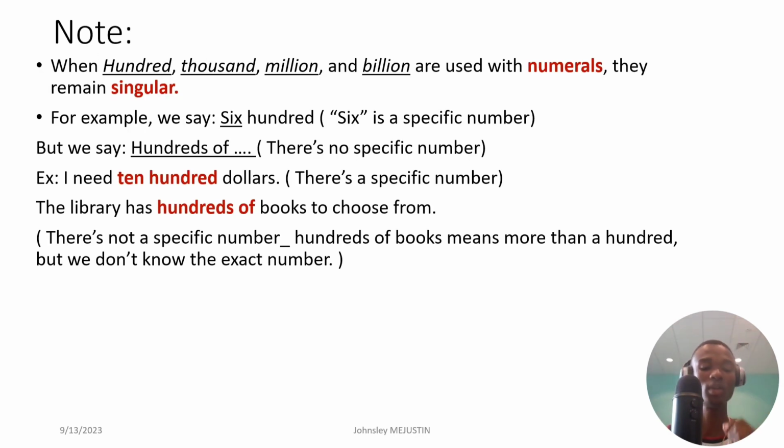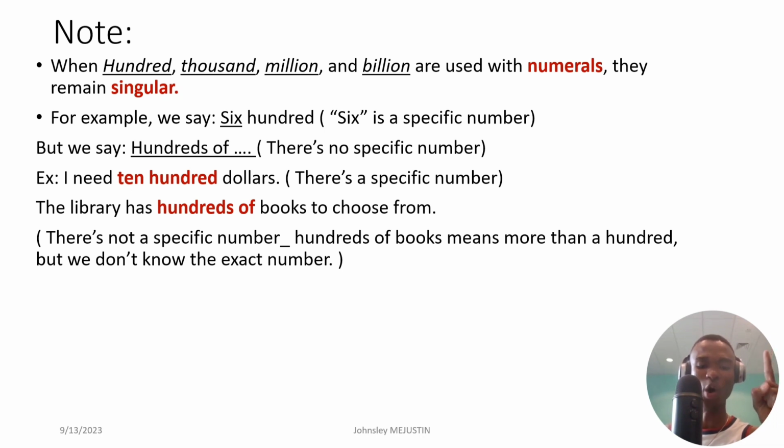Listen to this. Whenever you see 100, 1,000, million, and billion with a specific number, they are never plural. They remain singular. They are never plural when they have a number before them. What did I say?